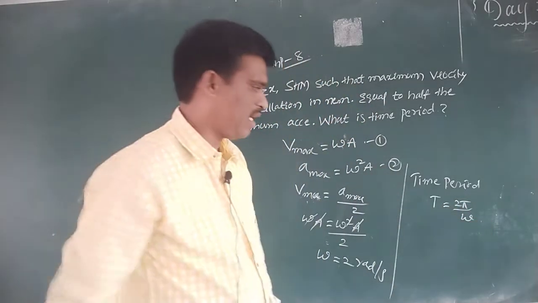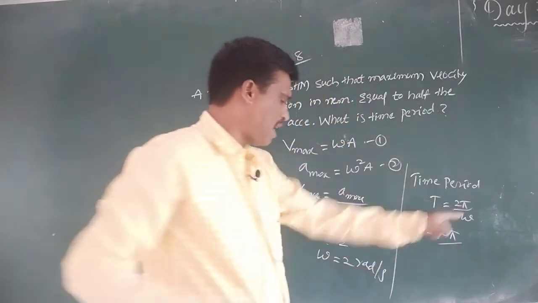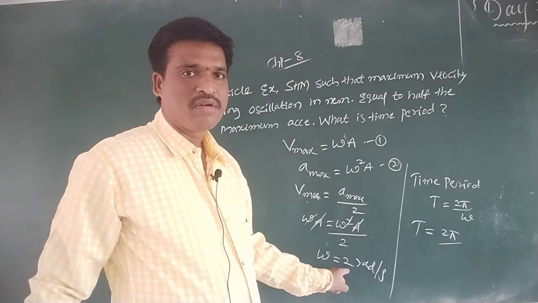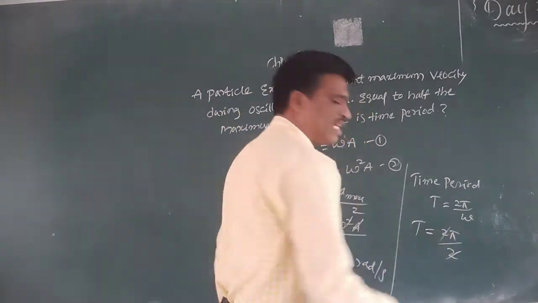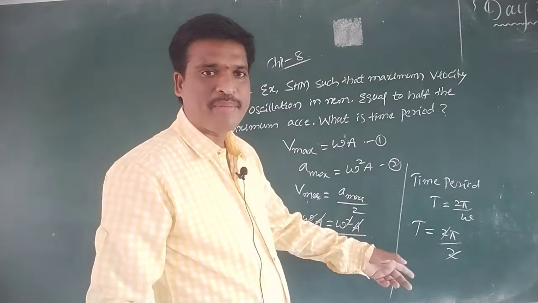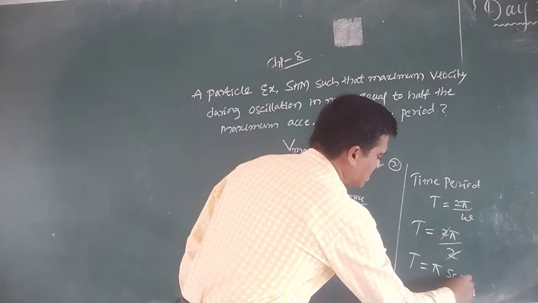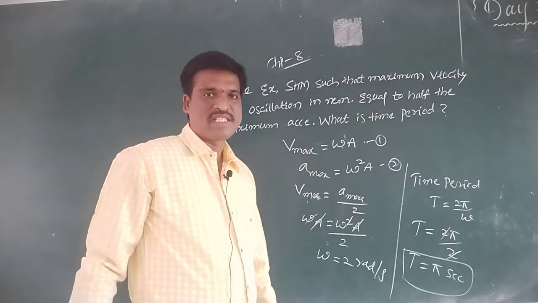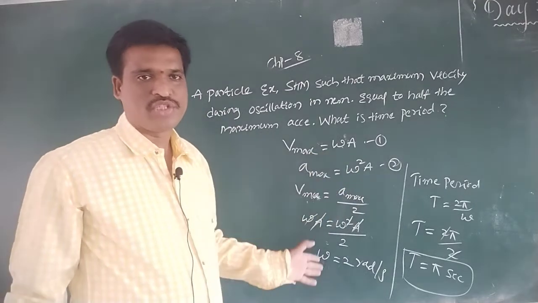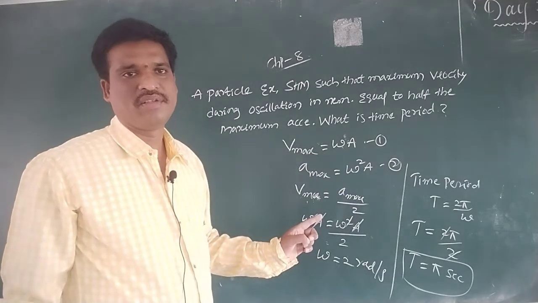Omega is already 2, so 2 gets cancelled. What is the remaining time period? T is equal to pi seconds. This is our solution. It is most important in the IPE examination.